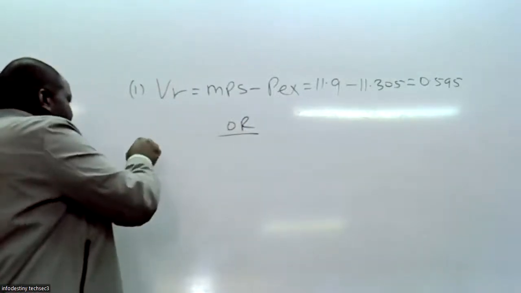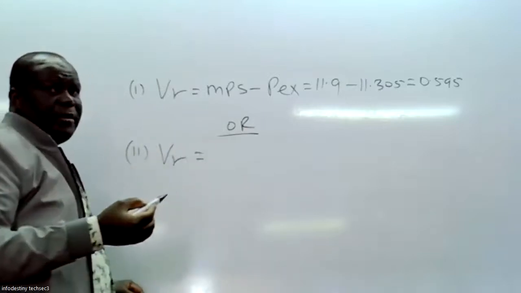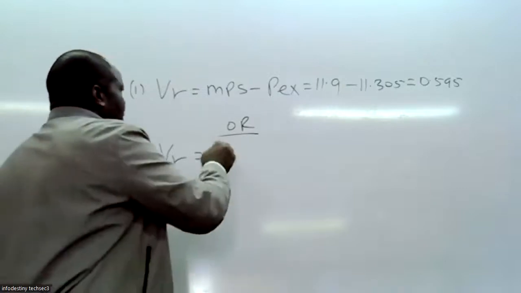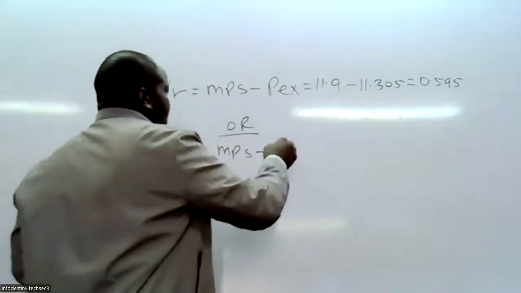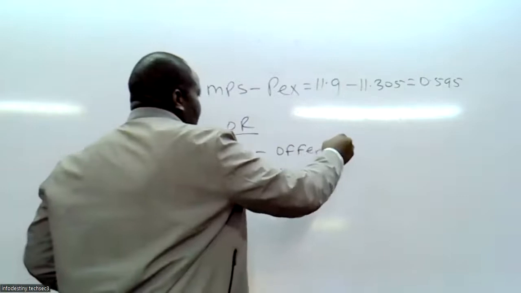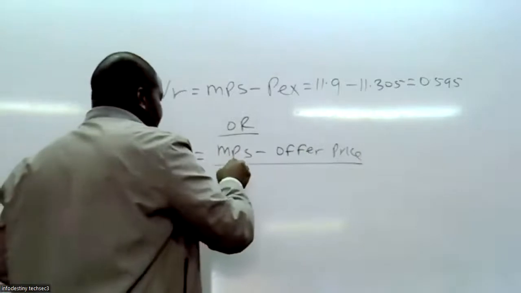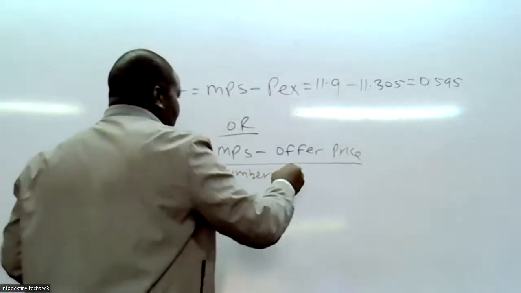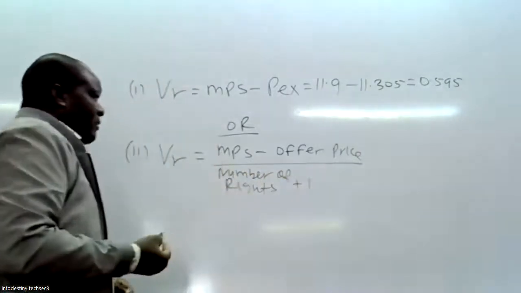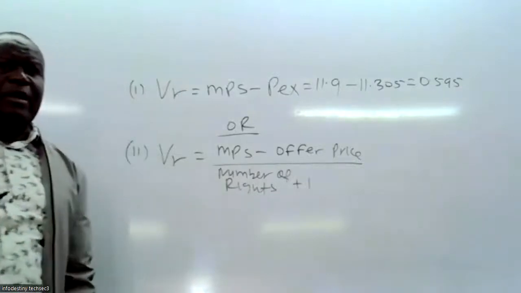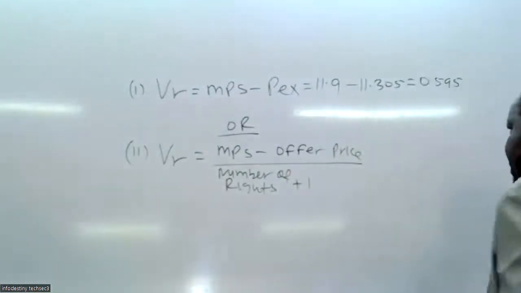The value of the rights is supposed to be equal to the market price per share minus the offer price, then we divide by the number of the rights plus 1.